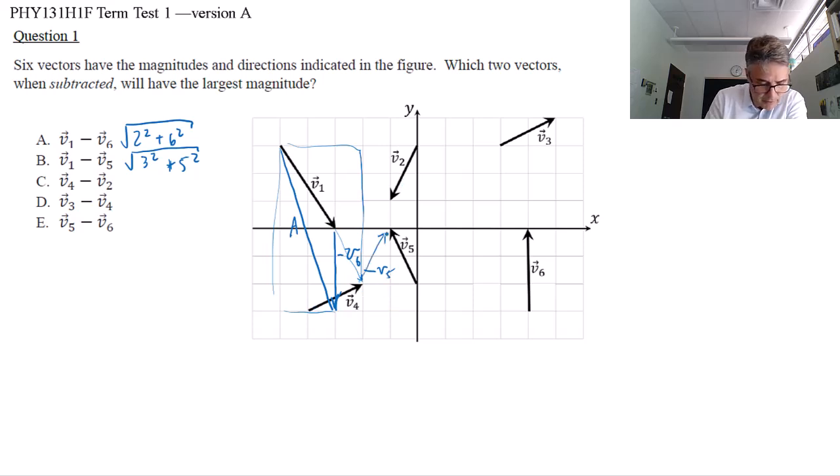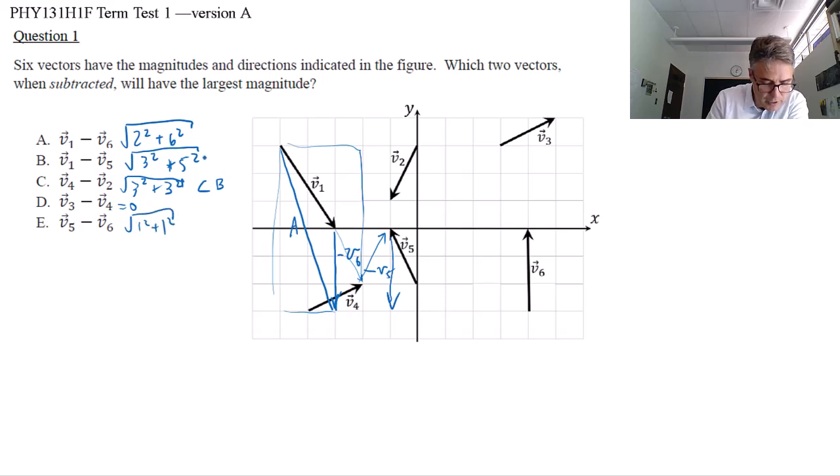So it's 3 by 3, the square root of 3 squared plus 3 squared. That's clearly less. C is less than B. And then D would be V3 minus V4. Those are in the same direction, I think, and same magnitude, so this is just going to be 0. That's clearly the smallest. And then 5 minus 6, the minus 6 will go down to here, and so that'll just be the square root of 1 squared plus 1 squared.